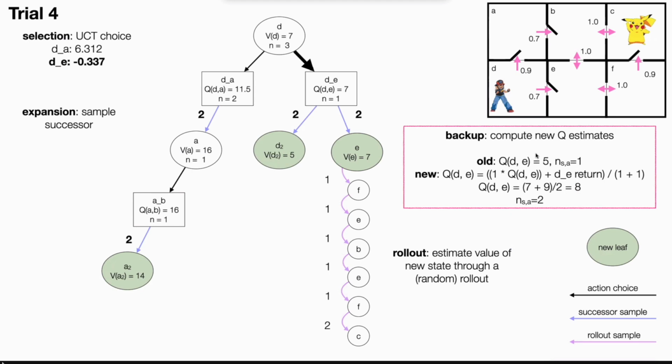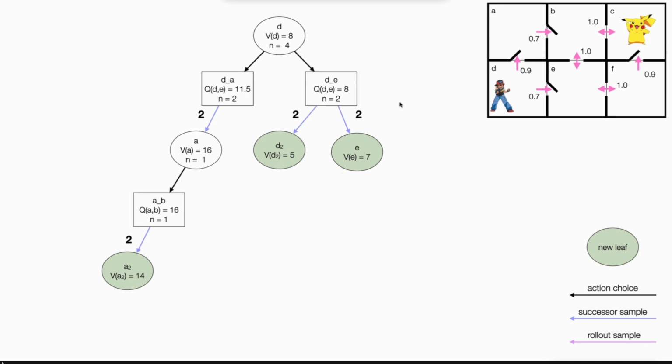Why are these slides buggy? We back up. We now average this to 8 and update to 2. We roll again. Choose the right-hand side, the action's still cheaper.